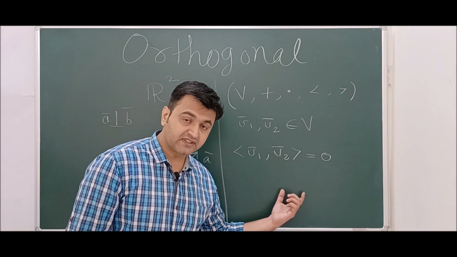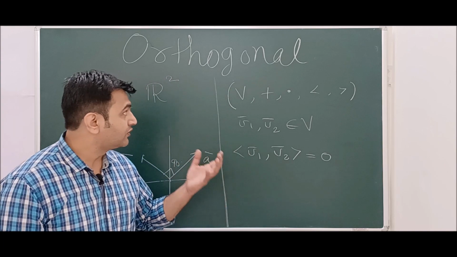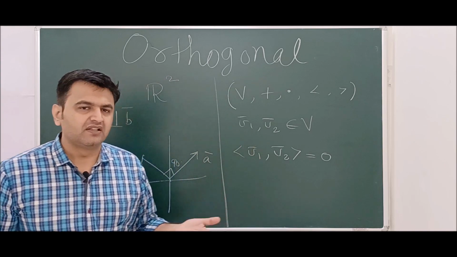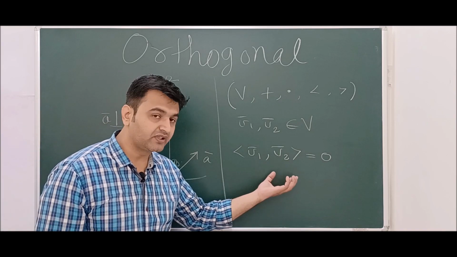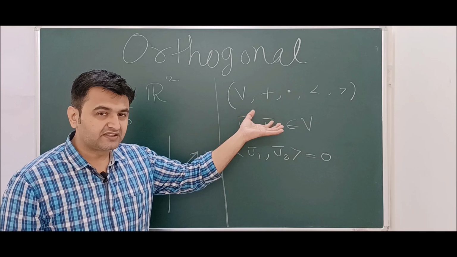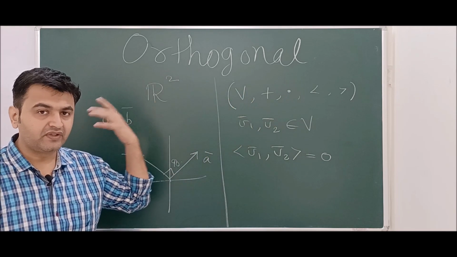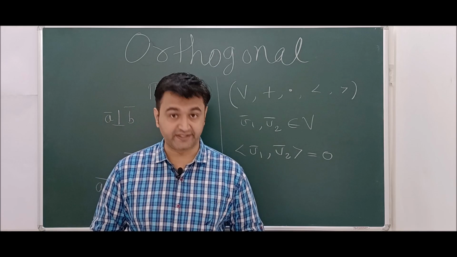Here when the inner product is 0, we say the vectors are orthogonal. So you can say that orthogonality is nothing but the generalization of perpendicularity. Like inner product is a generalization of dot product. Arbitrary vector space is kind of a generalization of a Euclidean space. Okay, good. So we know now the concept of orthogonality.